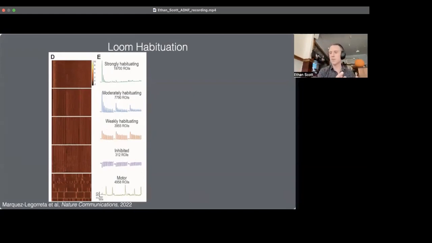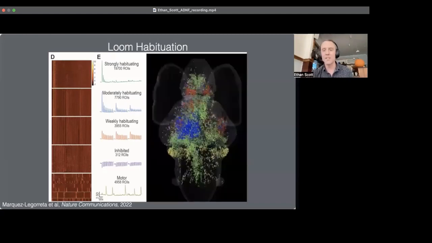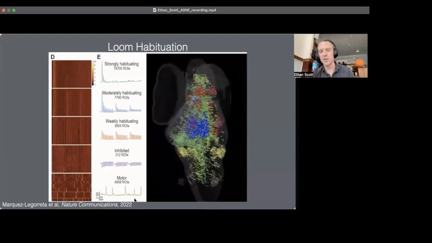So these are the sorts of outputs we get when we look for activity patterns, look for characteristic responses across the brain. And then through a registration approach that I also won't talk about today, we can put them back into 3D coordinates within the brain. So these are the collective regions of interest from, I think it was 12 different animals, all registered to the same reference brain and put into a 3-dimensional context.